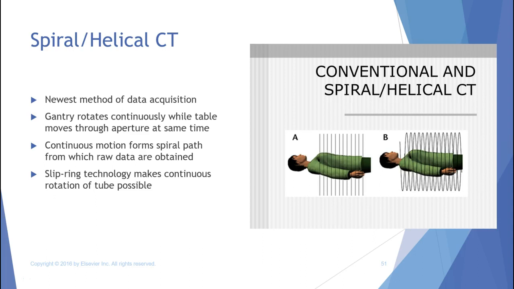This continuous motion of acquiring data forms a spiral path, and this is giving us all the raw data from point A at the bottom of the neck all the way to point B. So it's a continuous amount of information that can be reconstructed into any image at any point in the body from A to B that you've scanned. So anywhere on the grid, X, Y, Z, you can make an image of that area. Slip ring technology is what makes this possible.